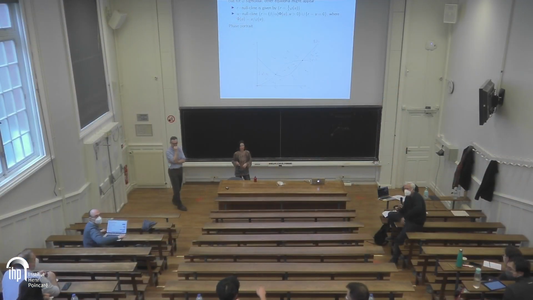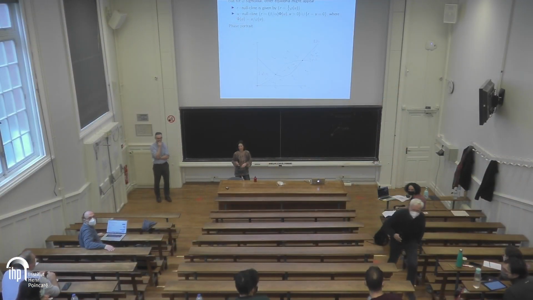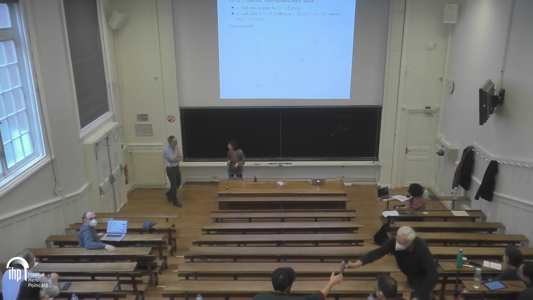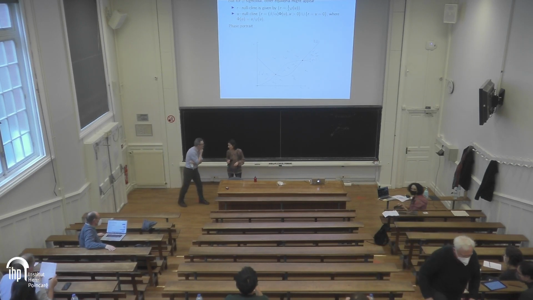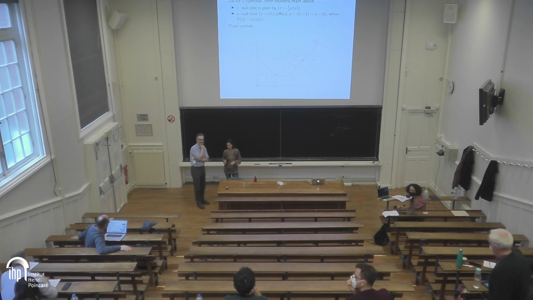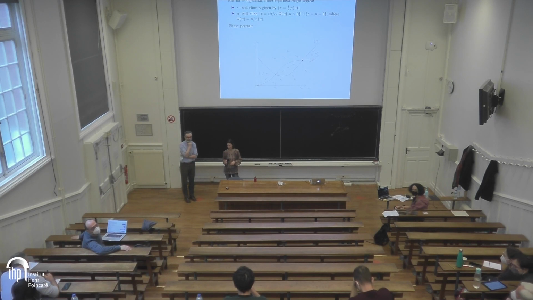Maybe we can take one. You had a question, yes? So with respect to this result of metastability, of convergence of the time of extinction towards exponential, I have a question for Christophe, actually.